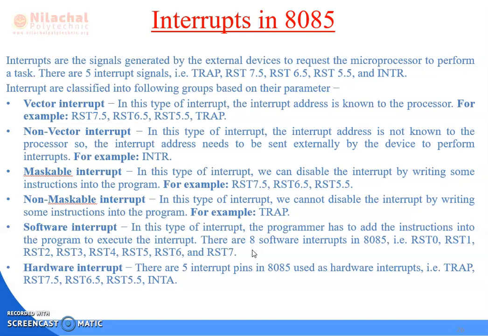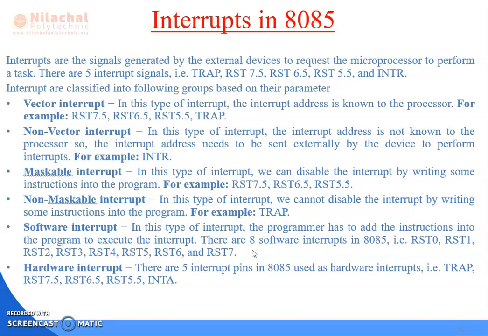Then software interrupt. In this type of interrupt, the programmer has to add the instructions into the program to execute the interrupt. There are 8 software interrupts in 8085 microprocessor, that is RST0, RST1, RST2, RST3, RST4, RST5, RST6 and RST7.